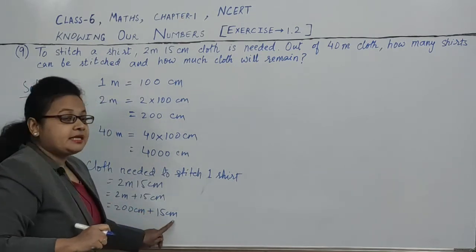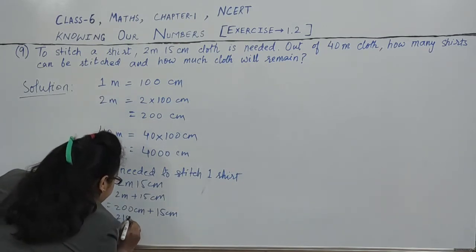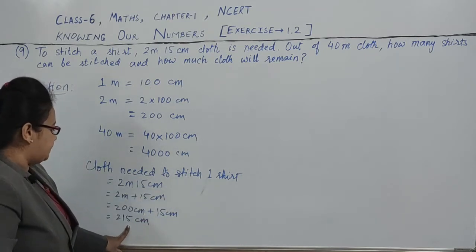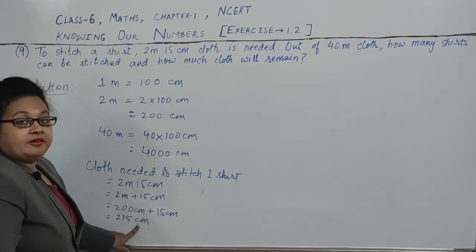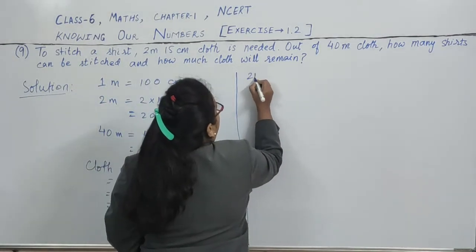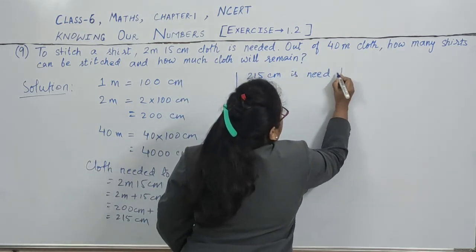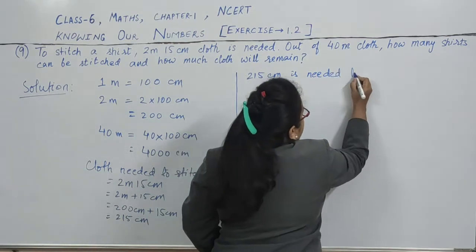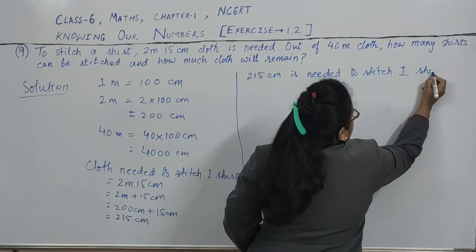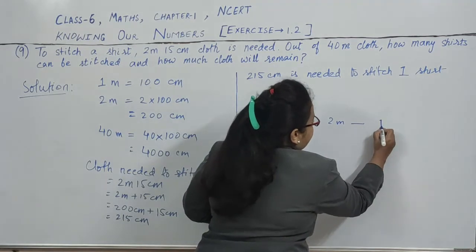These two are the same thing, so now we can add this. It will become 215 centimeter. So the cloth needed to stitch one shirt is 215 centimeter.